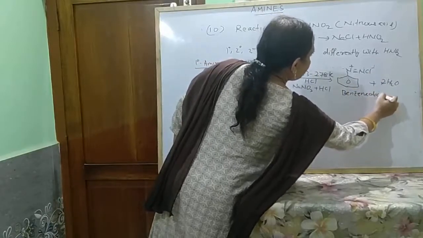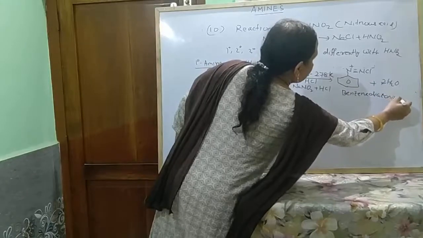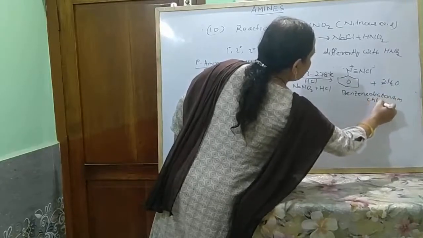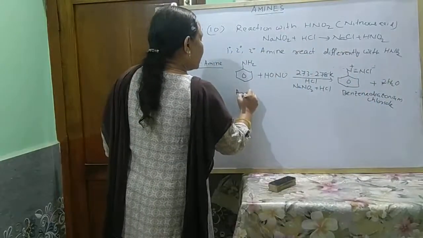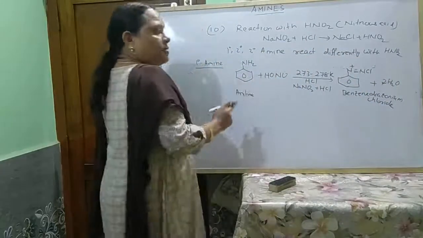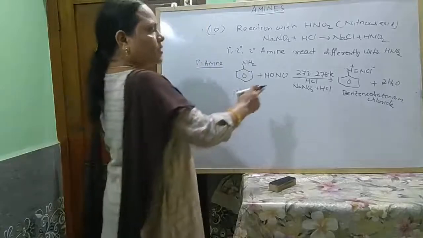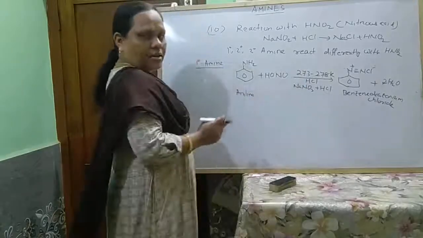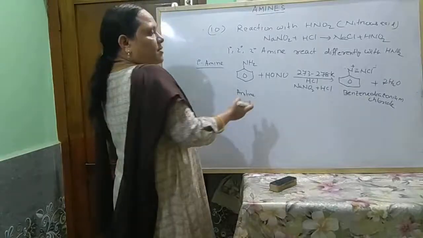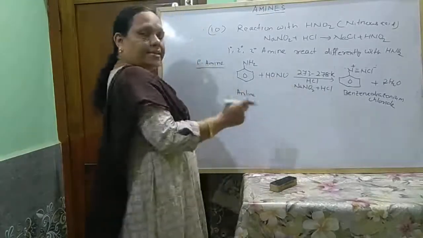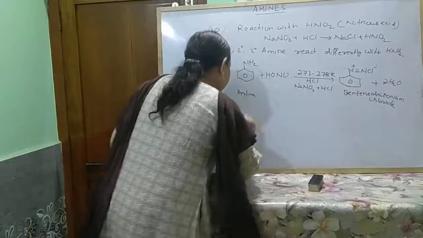This is benzene diazonium chloride, from aniline. But if the temperature is higher than 278 Kelvin, that is 10 degrees Celsius, then it gives phenol.